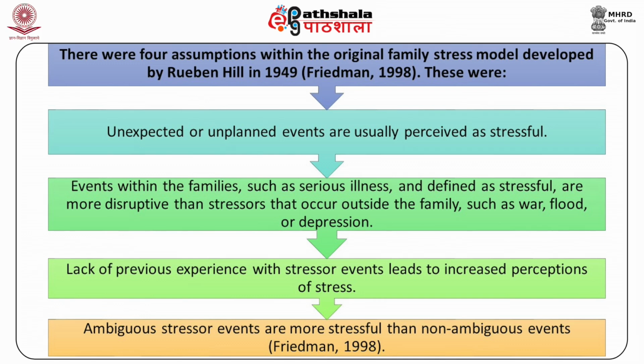Number two, events within the family, such as serious illness, and defined as stressful are more disruptive than stressors that occur outside the family, such as war, flood or depression. Number three, the lack of previous experience with stressor events leads to increased perception of stress. And number four, ambiguous stressor events are more stressful than non-ambiguous events.